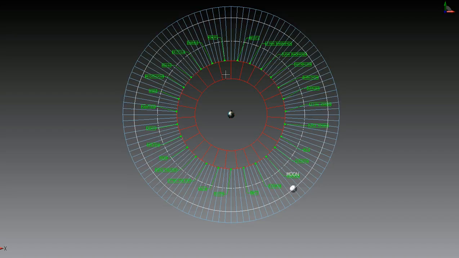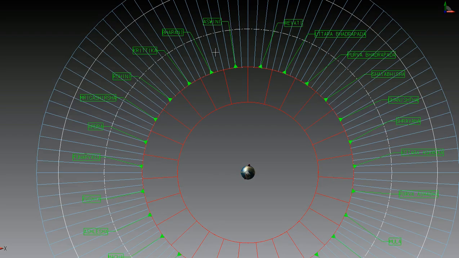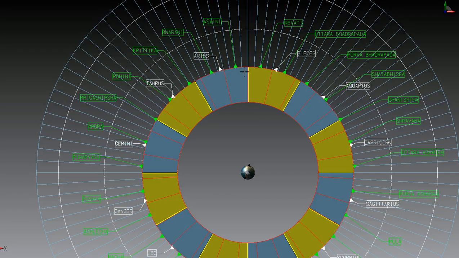Coming back to the padhas, each padha is 3 degrees 20 minutes long. So there would be a total of 9 padhas in one rashi. Aries will have 9 padhas, Taurus will have 9, Gemini will have 9, and so on.